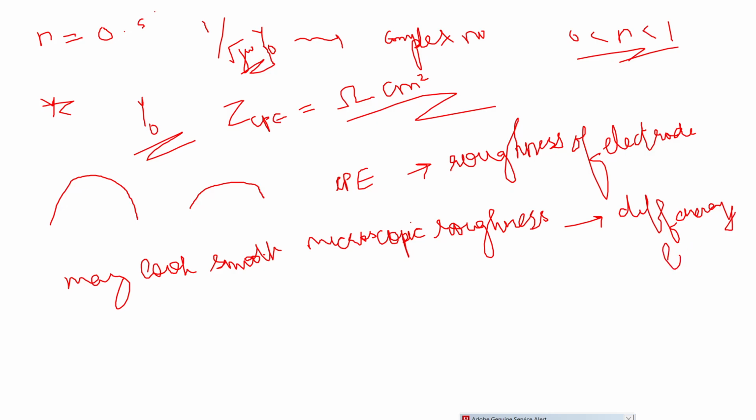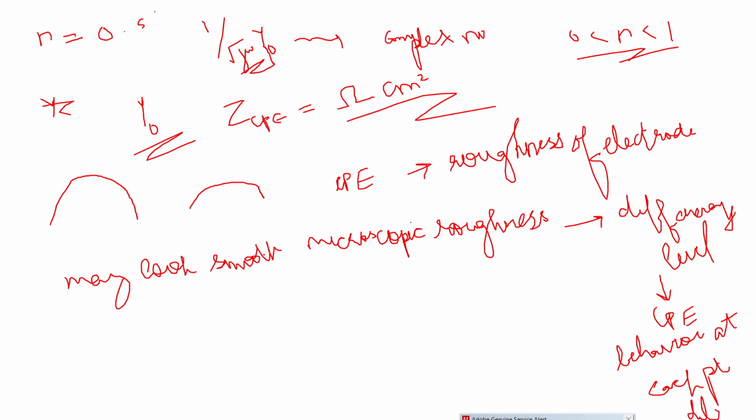Also, it can be in 2D form or in three-dimensional form. Okay, so that is what was told. So when you have different energy levels, the CPE behavior at each point will be different.